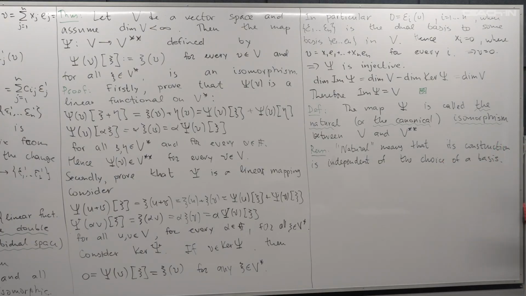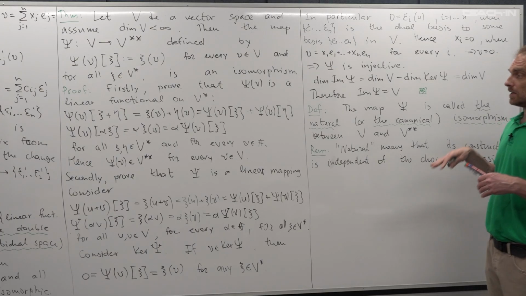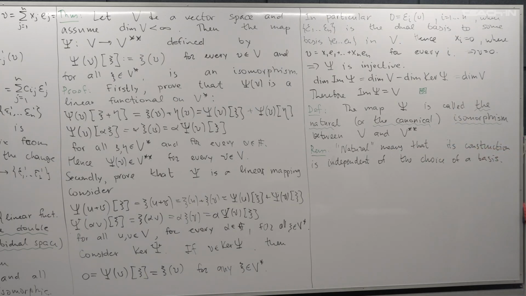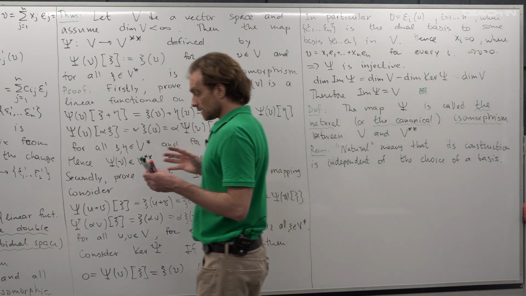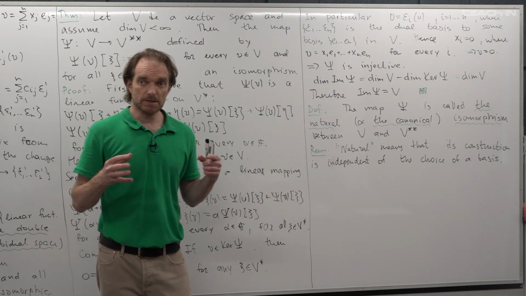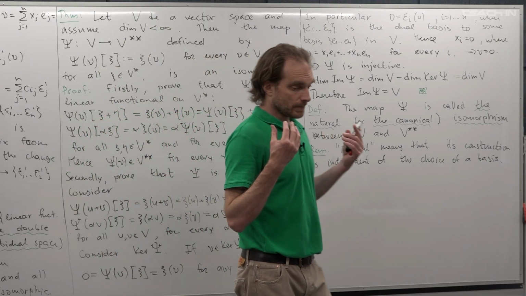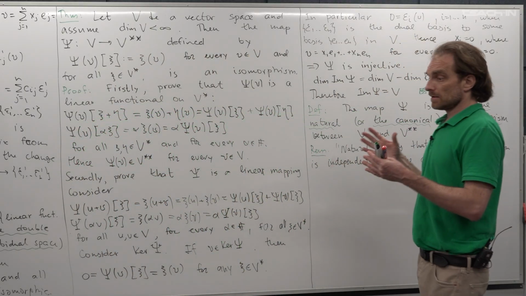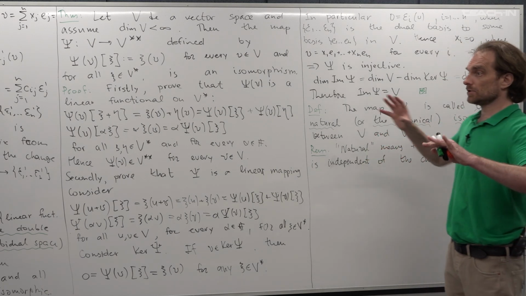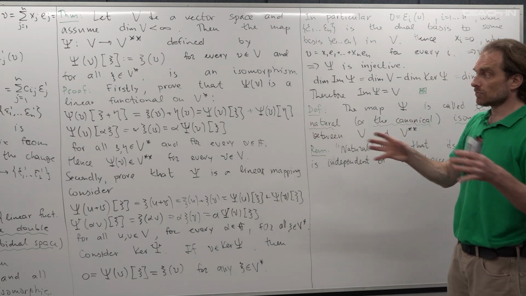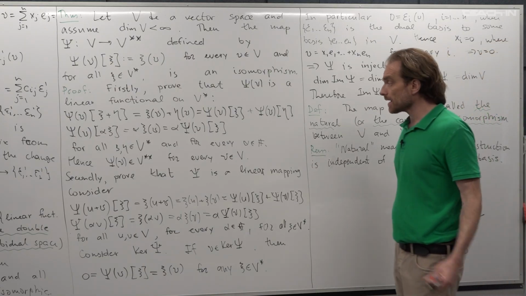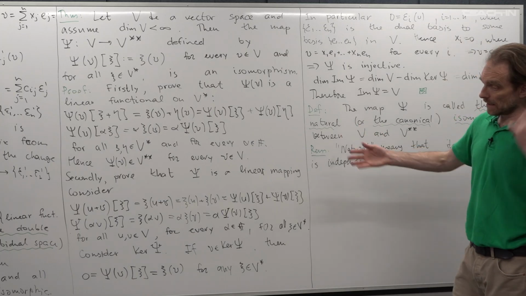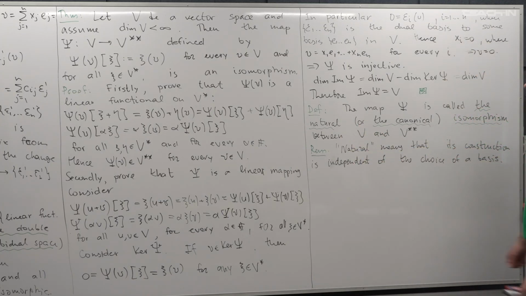So this is a very essential difference between the constructions that we had before and this particular construction. In all constructions that we had before, we proved that two vector spaces are isomorphic by choosing a basis in the first space, choosing a basis in the second space, and constructing this isomorphism by assigning the elements of the second basis to the elements of the first basis.